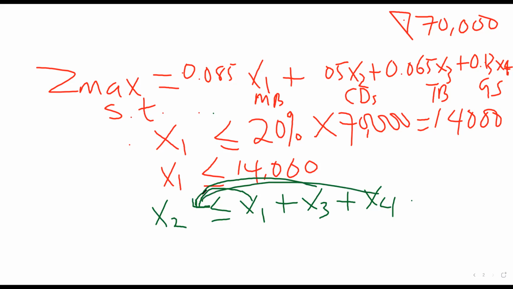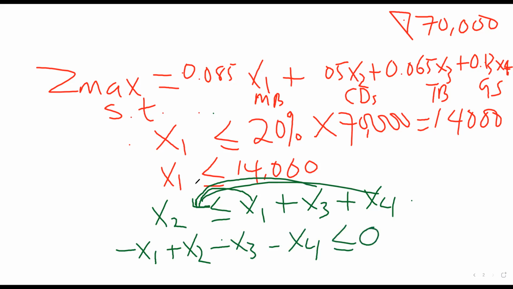So we have minus X1 plus X2, since X2 is already there, then minus X3, then minus X4, less than or equal to 0, because you are left with nothing there. So the numbers are on the right-hand side and the decision variables on the left-hand side. What a way to crack this code.